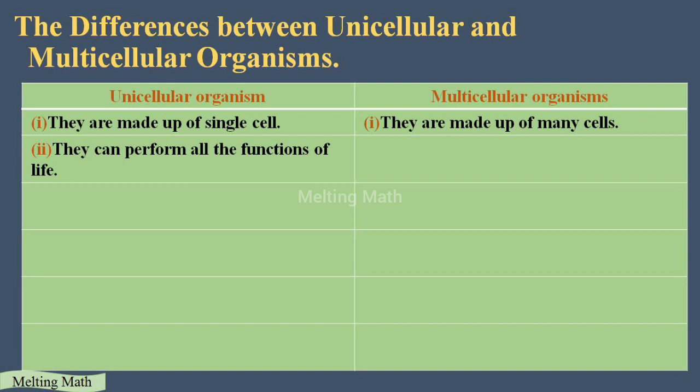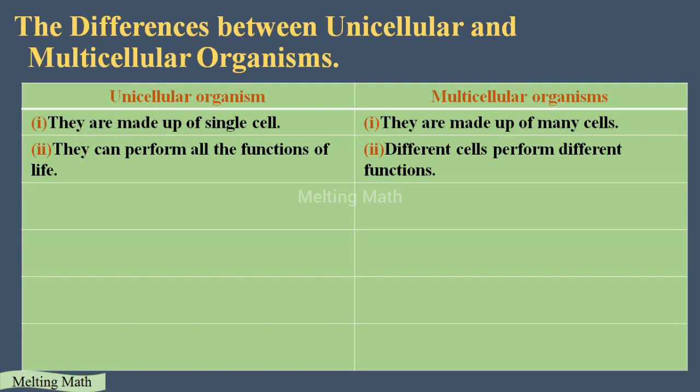It eats, it respires, it moves. And in a multicellular organism, different cells perform different functions. One cell performs digestion, one cell performs blood circulation, and one cell performs conversion of energy from the food.